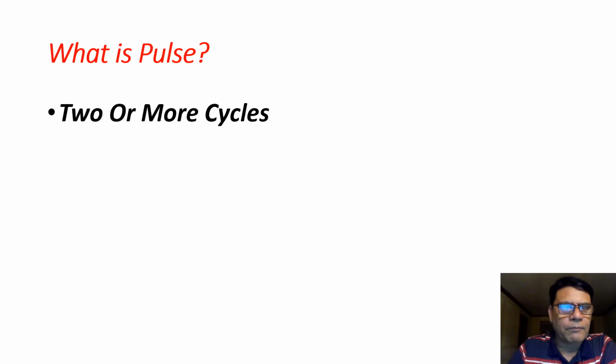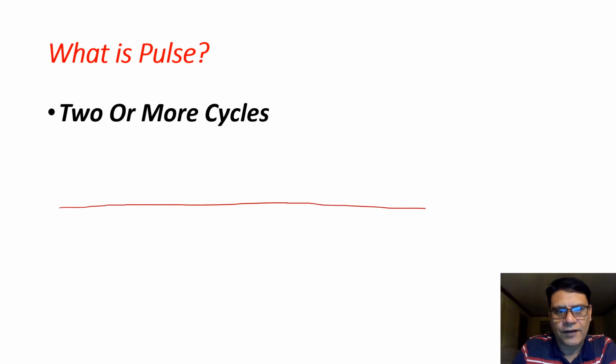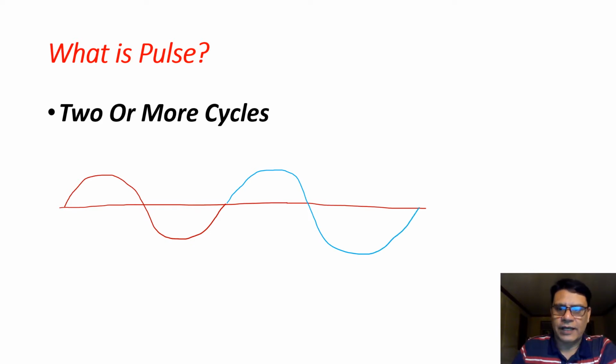Let's define pulse. What is a pulse? In order to define pulse, we need to draw again our favorite one cycle of the wave, and that is here, crest and trough. And if I add another cycle to the first one, now these are two cycles.